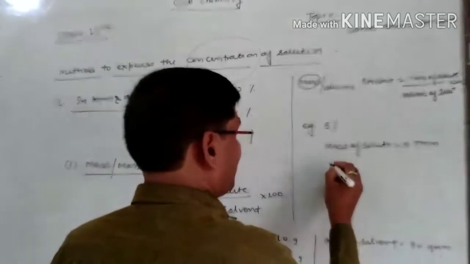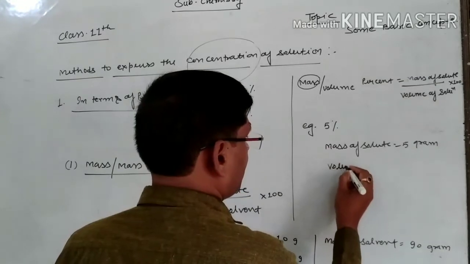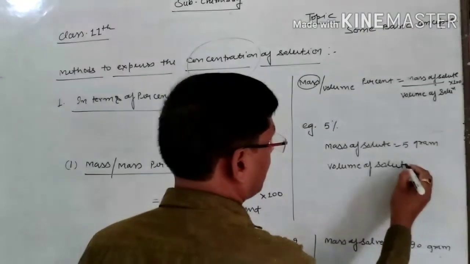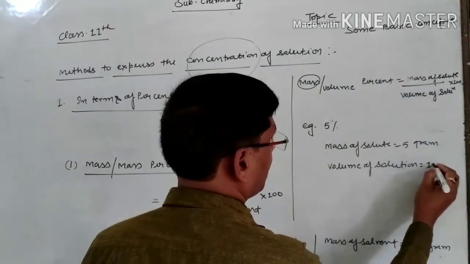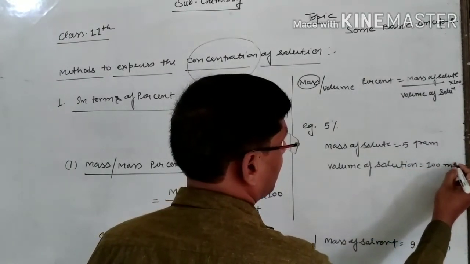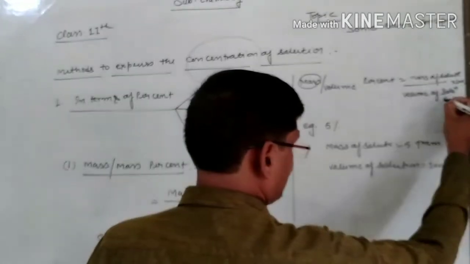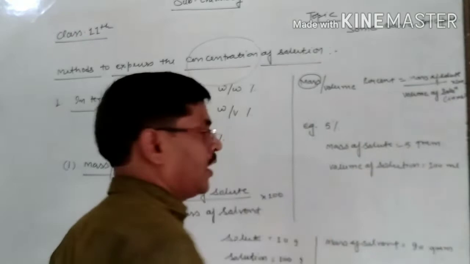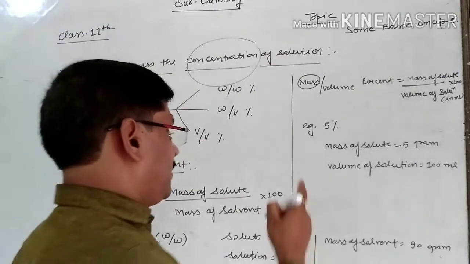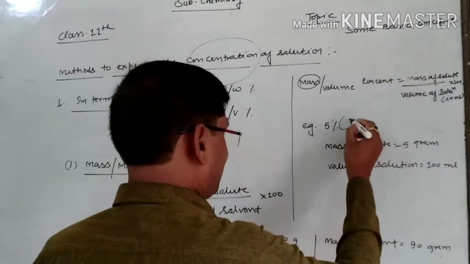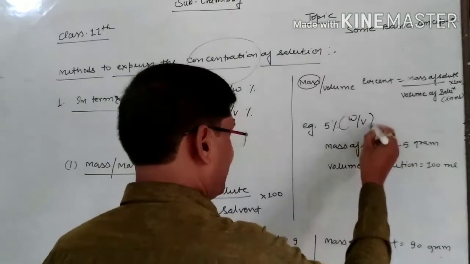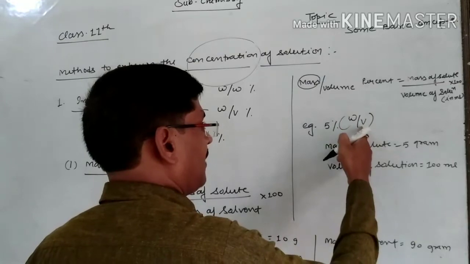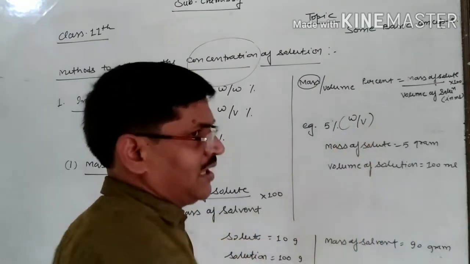Percent means per 100, so the volume of solution is 100 ml, and you have to remember this is in ml. So in this way, if percent is given and in bracket W by V, it means mass of solute in grams upon volume of solution in ml.